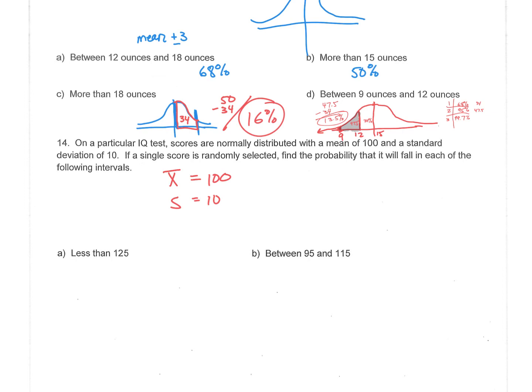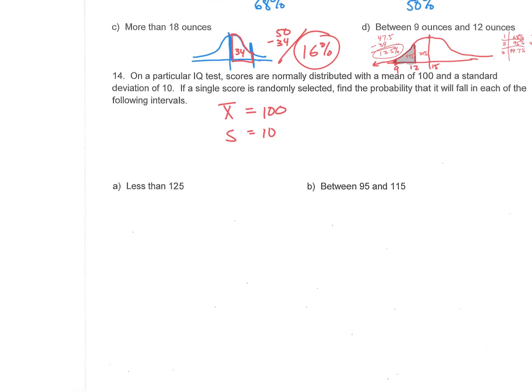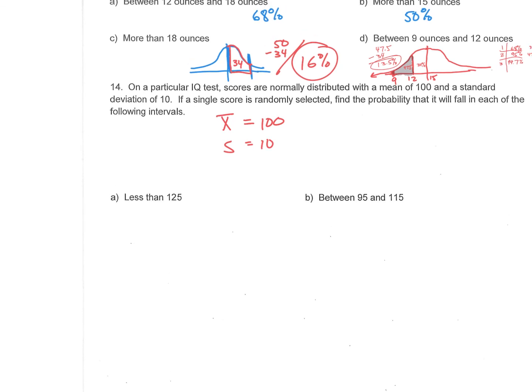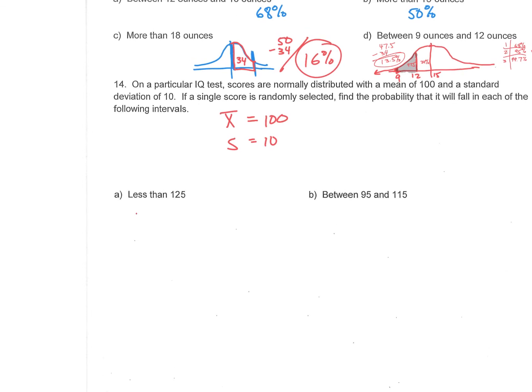So first one then would be less than 125. So let's first find the z-value that corresponds to 125. So this is x minus x bar over s. So this is 125 minus the mean of 100 divided by 10. That's this z-score. So that's 25 divided by 10, which is 2.5.